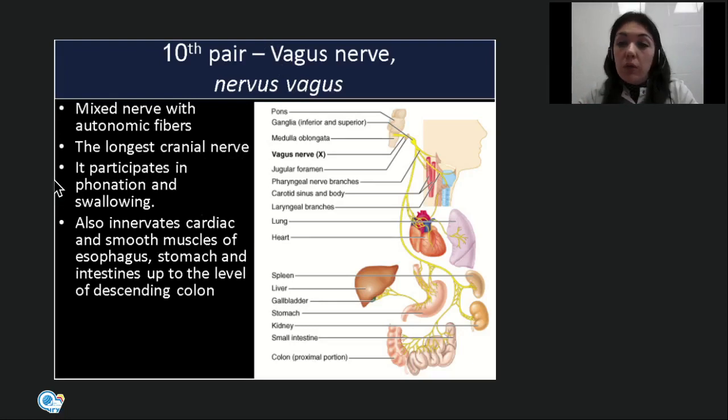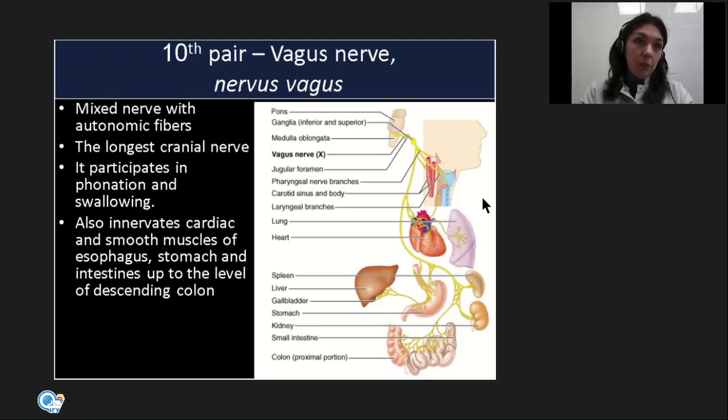And it does not only supply organs and muscles of the head and neck, as we used to think is correct for the cranial nerves, but the vagus nerve goes downward. It passes through the thoracic cavity, supplies thoracic cavity organs, goes downward, pierces the diaphragm, and supplies abdominal cavity organs.